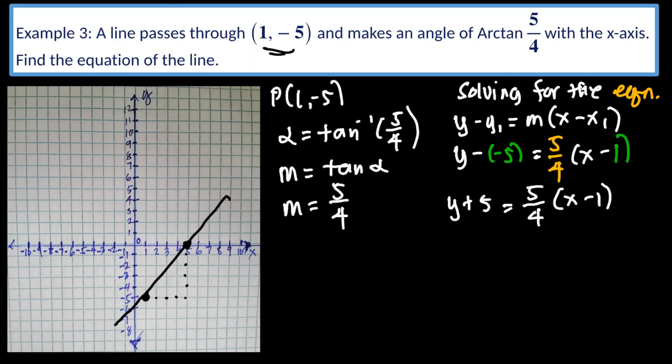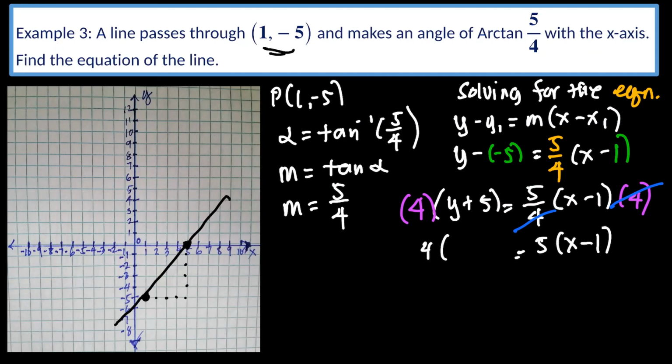All right, we can simplify this further by multiplying both sides by 4. So let's multiply 4 here, and let's multiply 4 here also, and so this will be cancelled out. So we have here 5 times x minus 1, and we have here 4 times y plus 5.